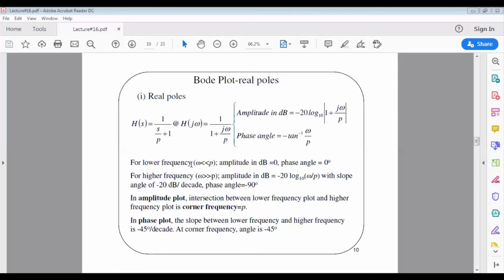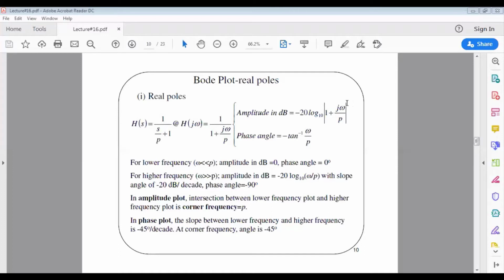There are two cases that need to be considered for the amplitude plot. The first case is for a lower frequency, where omega is much lower than the pole value. The amplitude will be 0 and the phase angle will be 0. It can be proved from these equations.